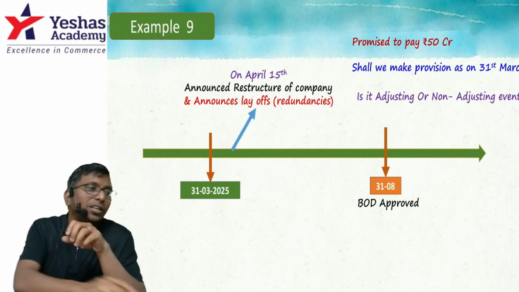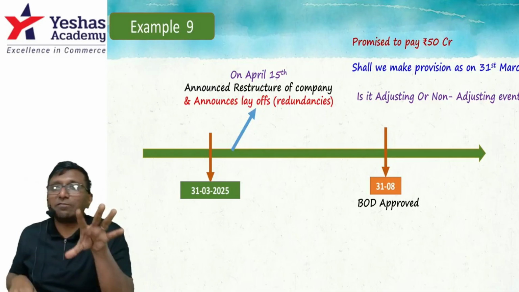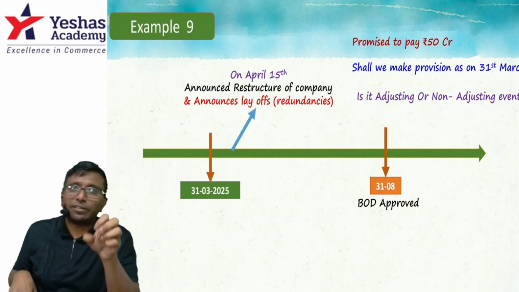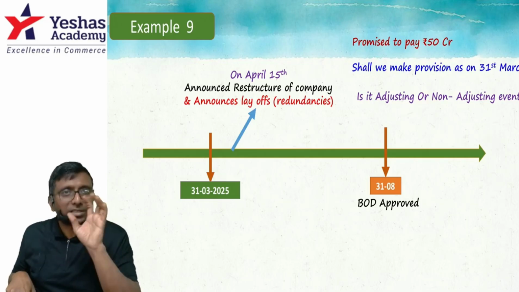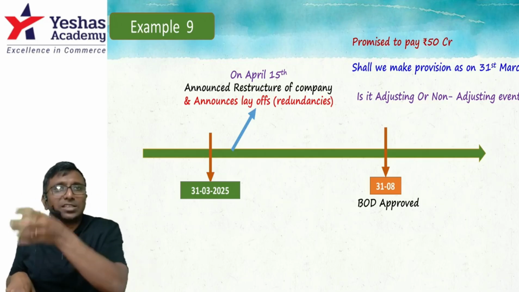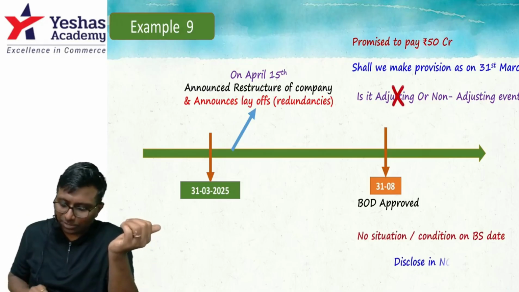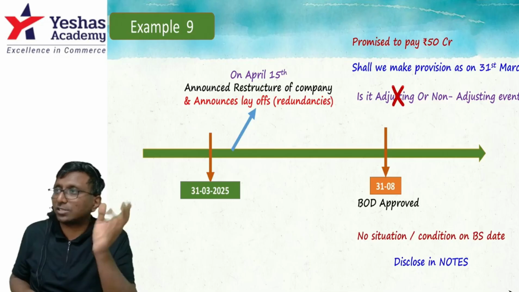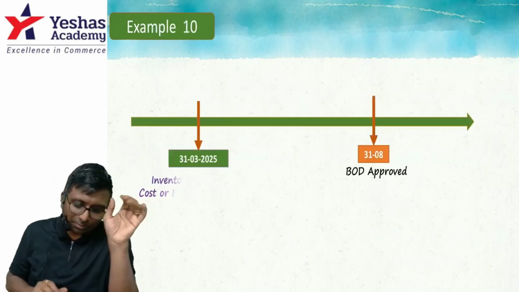But is it a big event or not? If it is a big event, are you supposed to disclose or not? It is non-adjusting, but since it is material information, it should be disclosed in the notes to the financial statements. Is this clear? Right.